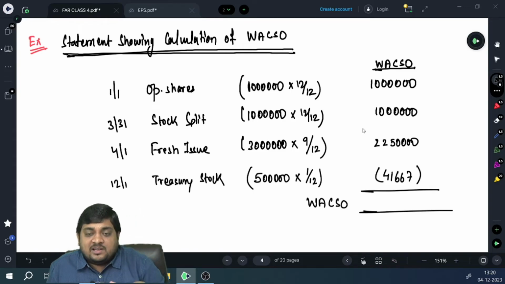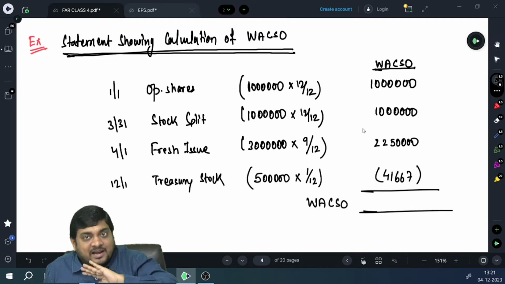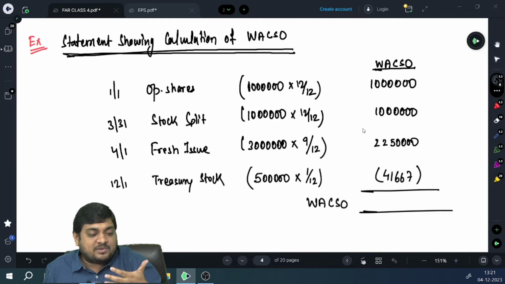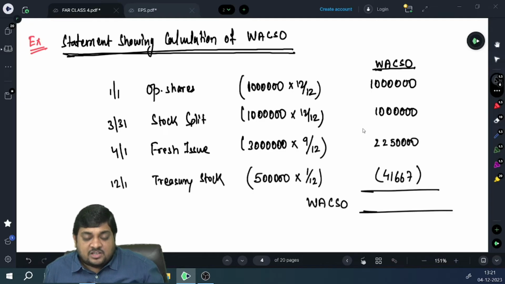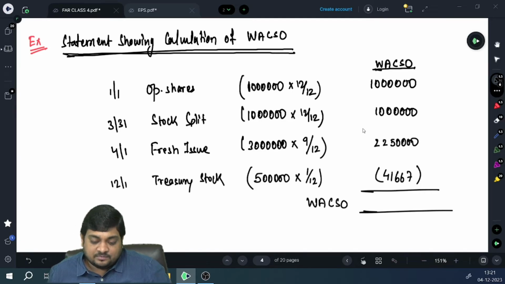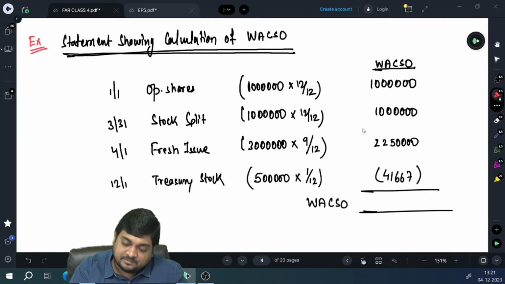Opening was outstanding for the full year. Stock split, stock dividend, reverse stock split are considered retroactively, full year from the beginning. Fresh issue is on a time weighted basis. If it is issued in April, then April, May, June, July, August, September, October, November, December, it's outstanding for 9 months. The shares which are reacquired are outstanding for only 11 months. So we effectively subtracted 1 month, because whatever shares have been reacquired, it has to be from this category.